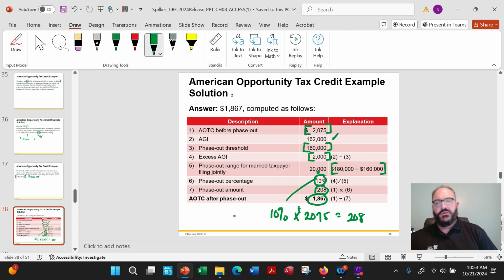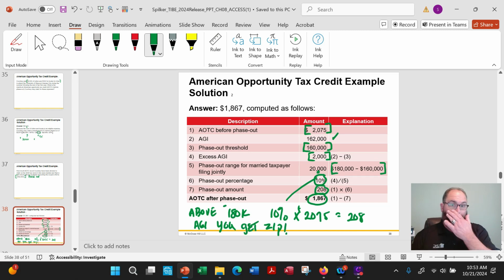So anything if you're above 180K AGI, you get zip. Again, that's why the for AGI credits are important.